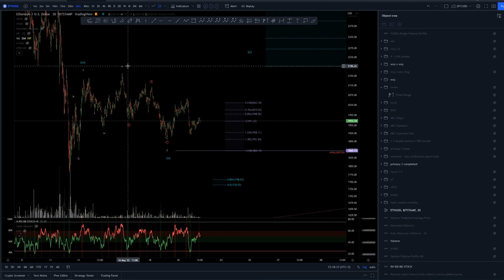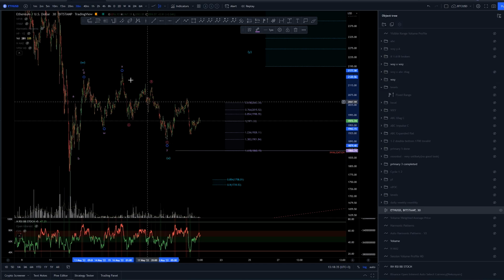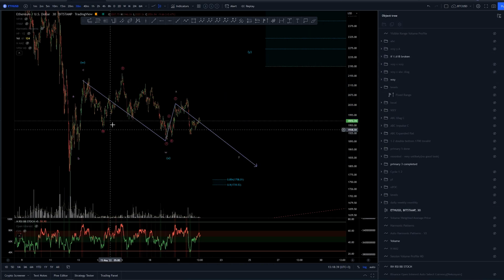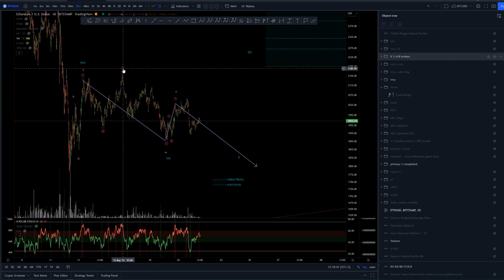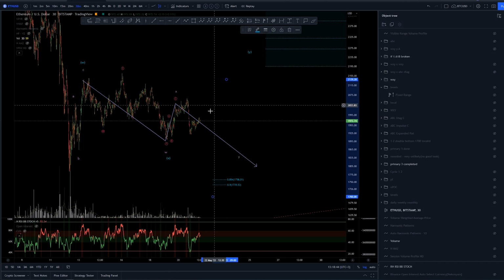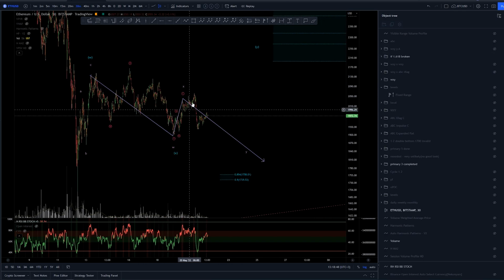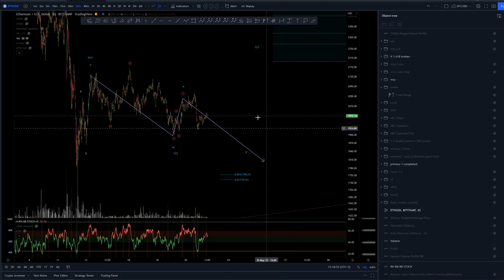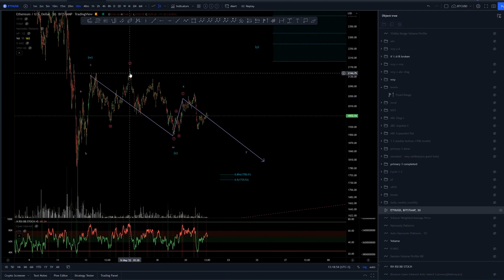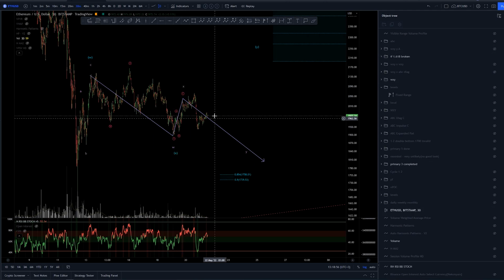So instead of this being a WXY of sub-minuet count, we could downgrade it to a micro count here. At that point we would again have some kind of connector wave in the middle, looking for downward pressure and more downward movement, and that would at least be some kind of valid count if we are breaking that low.